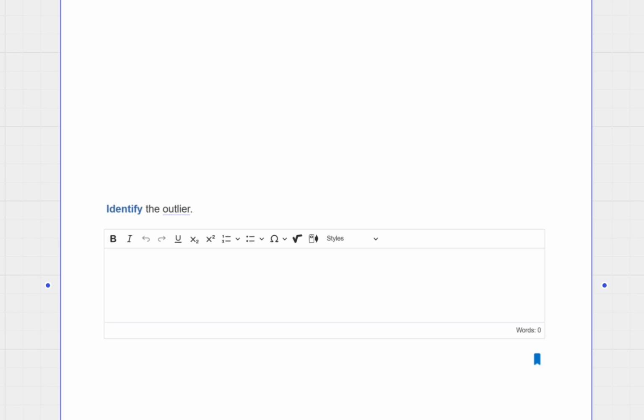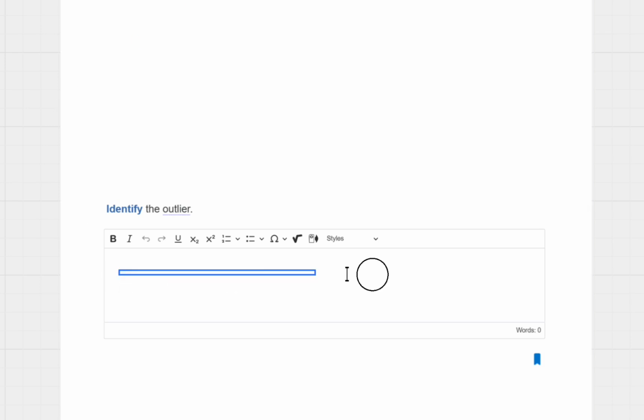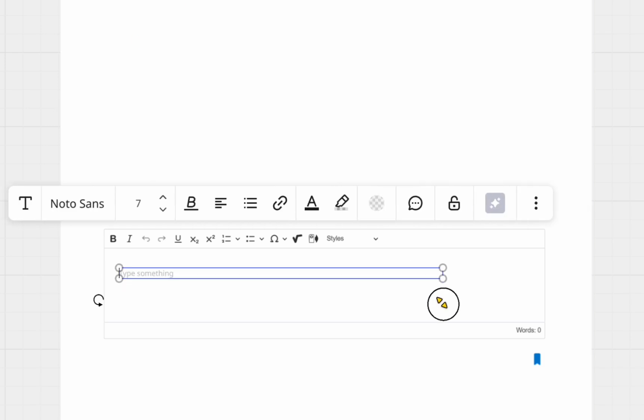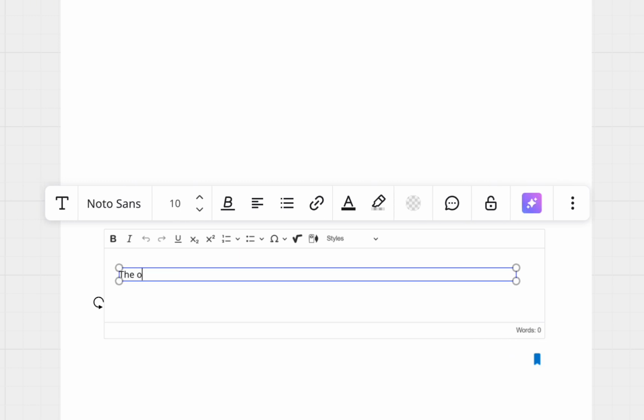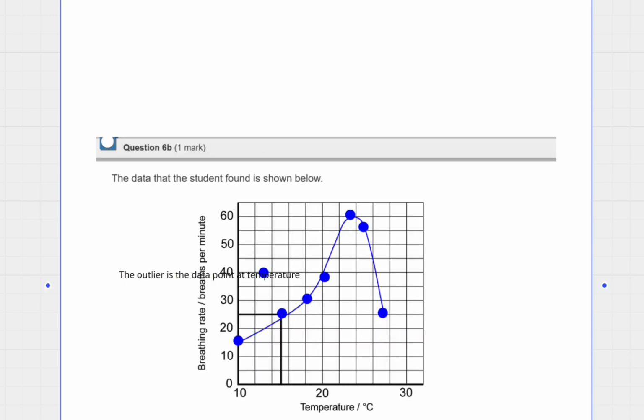So we can just write the outlier. Let me just expand it for our understanding. The outlier is the data point at temperature. Let's look at the temperature over there for our understanding.